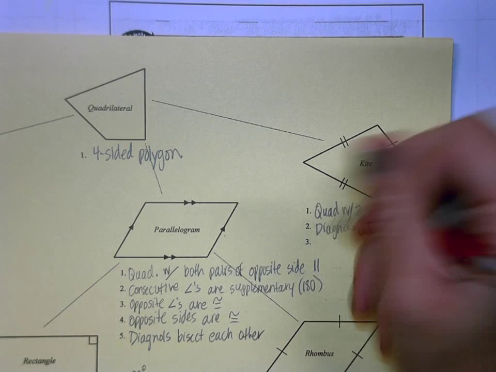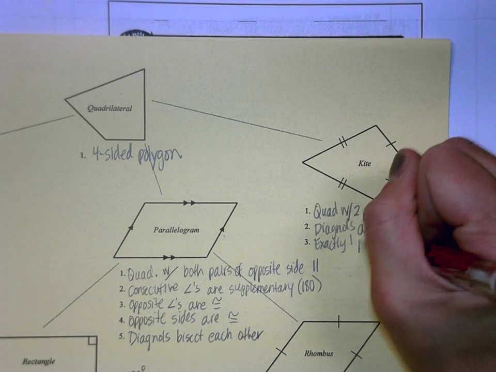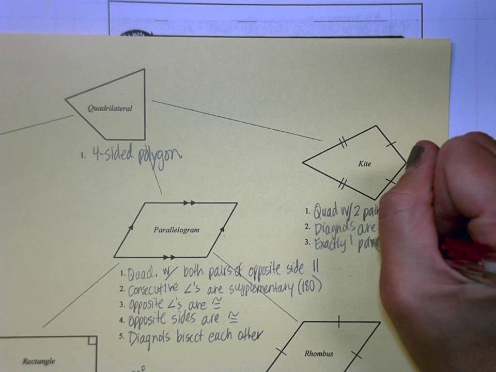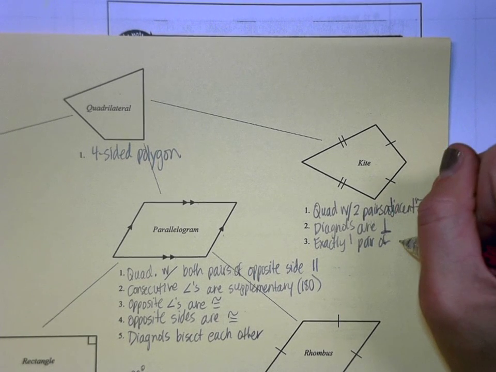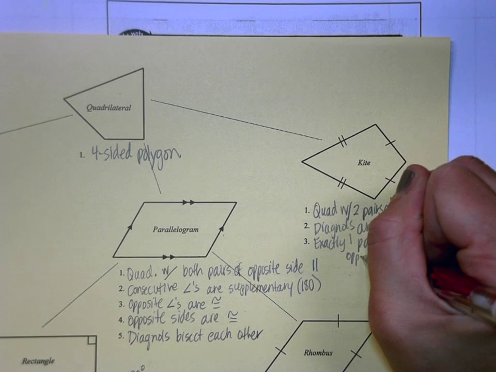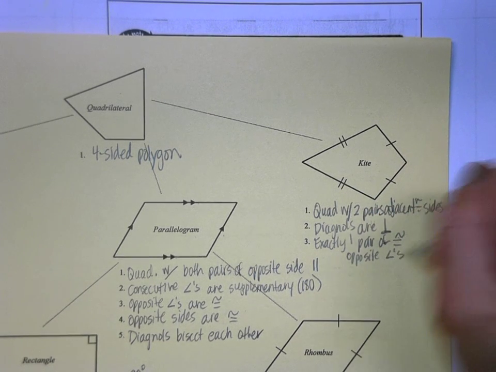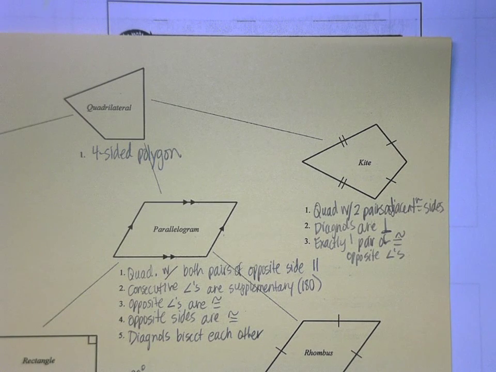And then it has exactly 1 pair of congruent opposite angles. Okay, and you can look at my sheet up here later if you didn't have enough time.